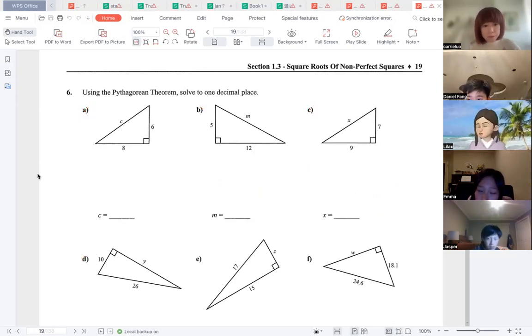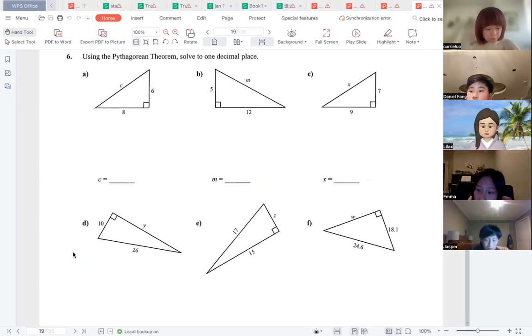Daniel, could you please tell me number D equals what? 12. Number D equals 12 is 26 squared minus 10 squared equals what? 26 squared equals what? I didn't do that way. I did special right triangle way.